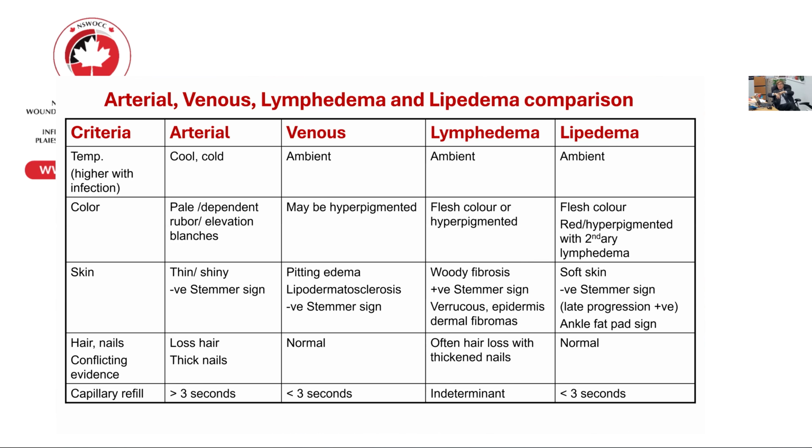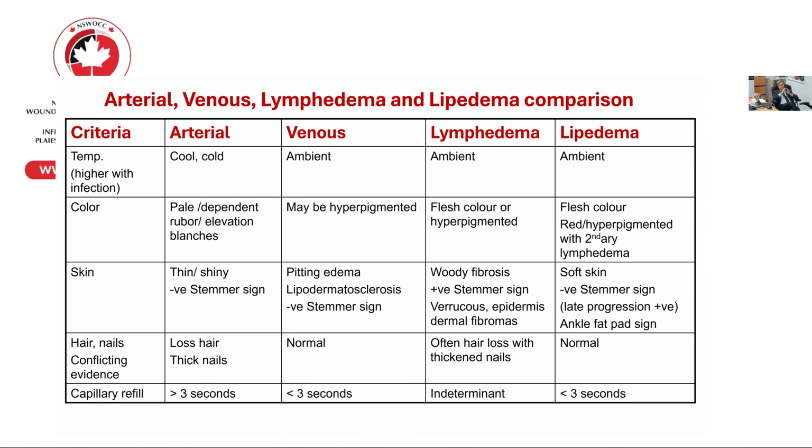The hair and the nails are normal, and the capillary refill is less than 3 seconds. So when you push with your finger and you release it, you should see the blood flow coming back into the area you've applied the pressure. Lymphedema, ambient temperature, flesh color, or hyperpigmented. Woody fibrosis, positive Stemmer sign.